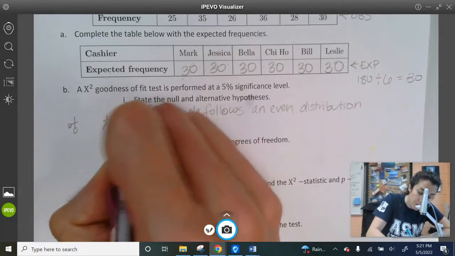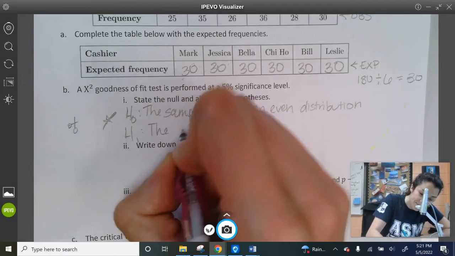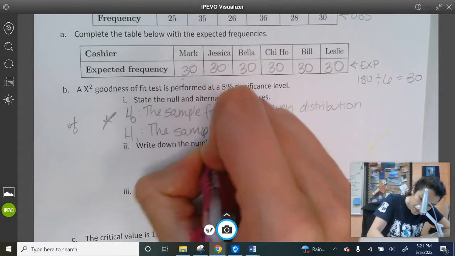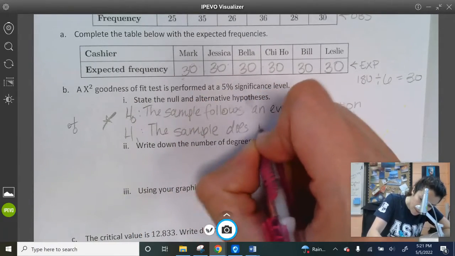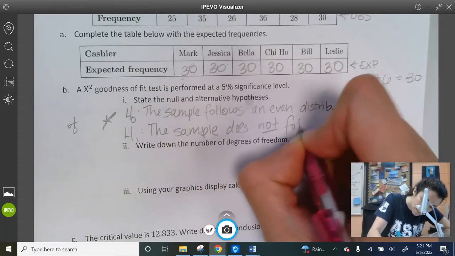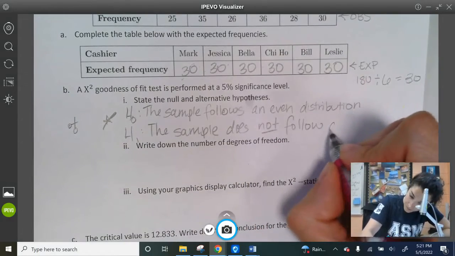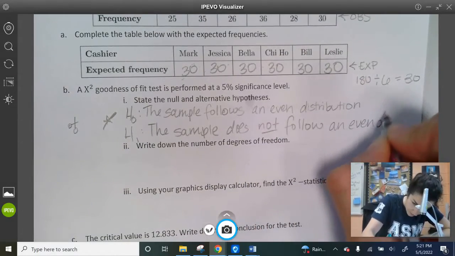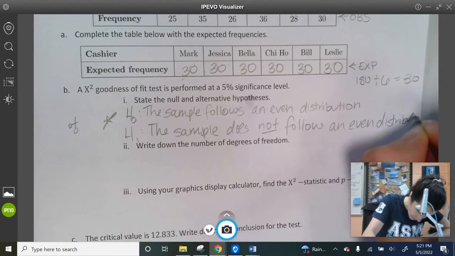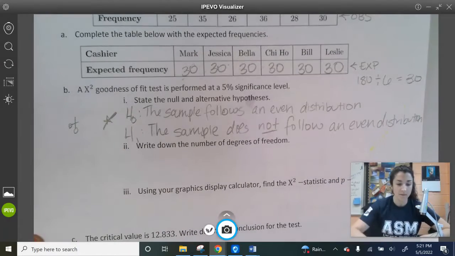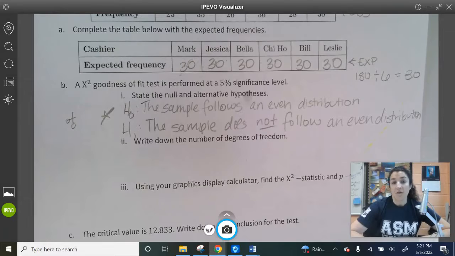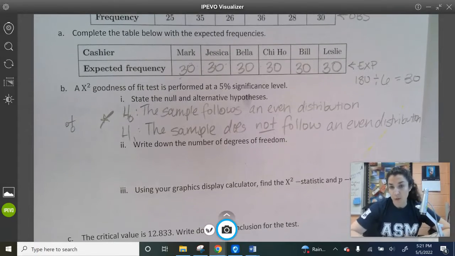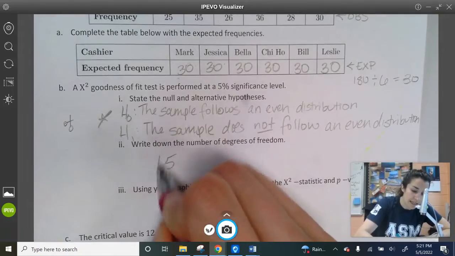So then the alternative would be that it does not. The degrees of freedom, it just says write down because it should be pretty quick. We have 6 options, which means it's one less than that. So our degrees of freedom is 5.